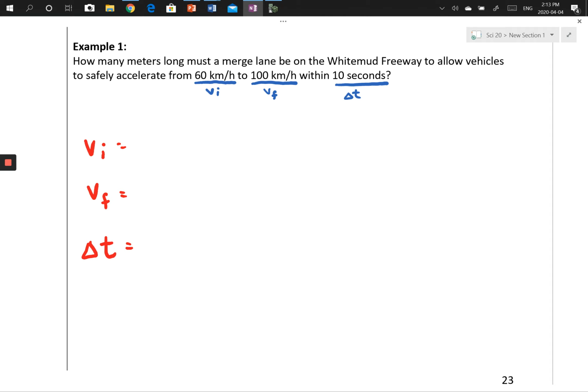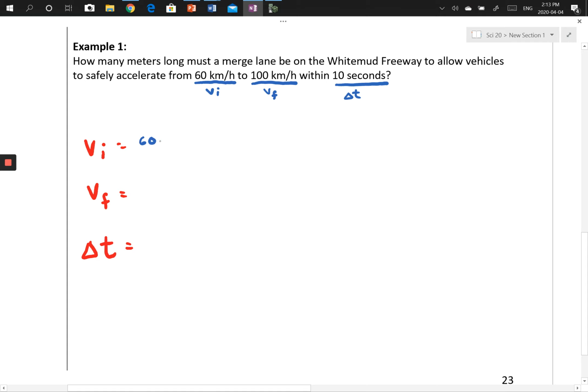If I'm using seconds over here, I have to be using meters per second here. So anytime you're dealing with non-uniform motion, make sure your velocity is meters per second and your time is seconds.